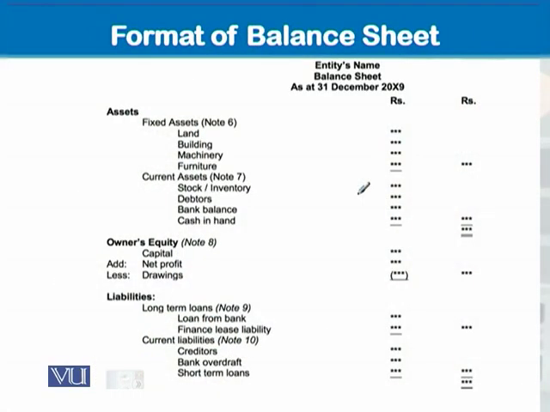In a balance sheet, like the income statement, we will put the entity's name first, then put balance sheet as a title, and then place the date on which the balance sheet is being prepared.